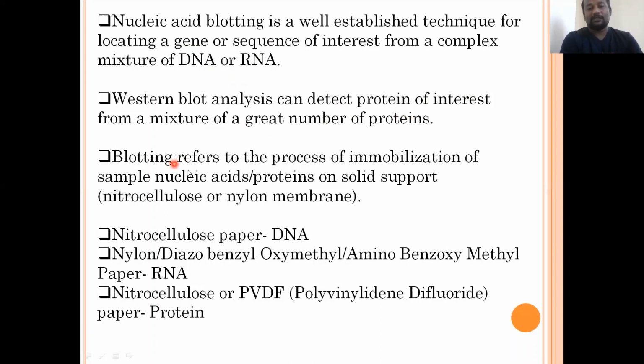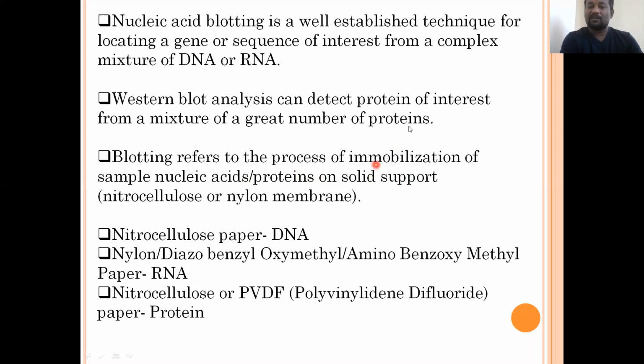Blotting refers to the process of immobilization of samples like nucleic acids or proteins on a solid support such as nitrocellulose or nylon. The process of immobilization means there will be an attachment of nucleic acids or proteins to a solid support.